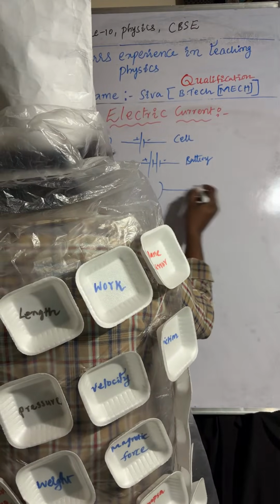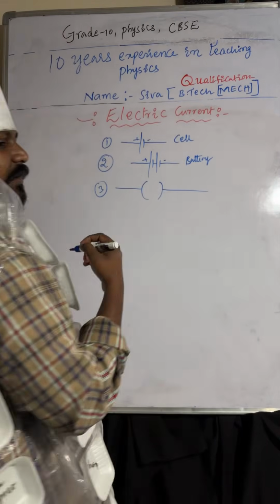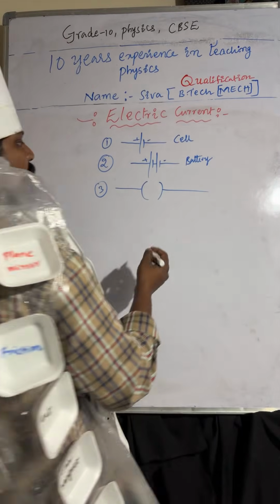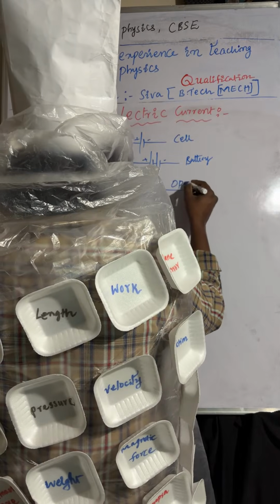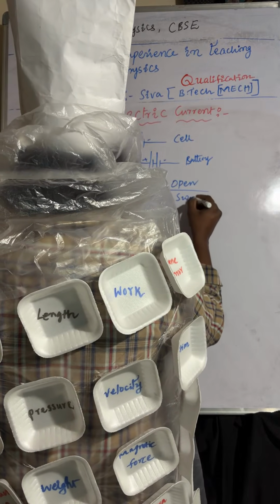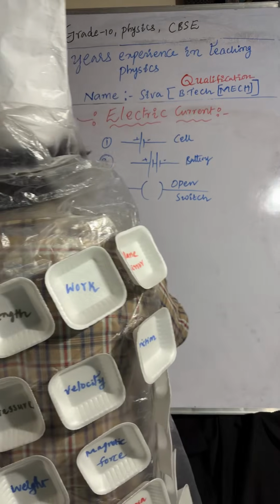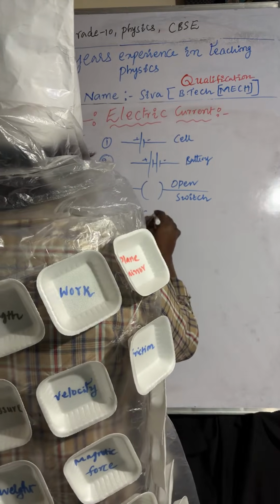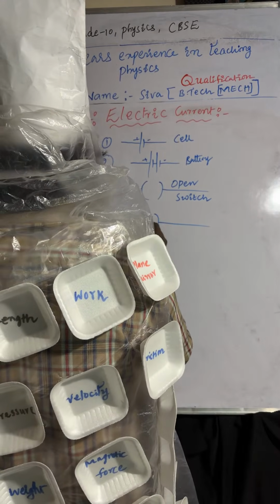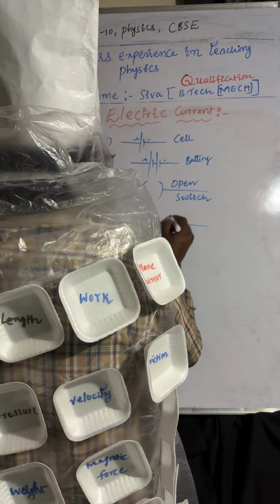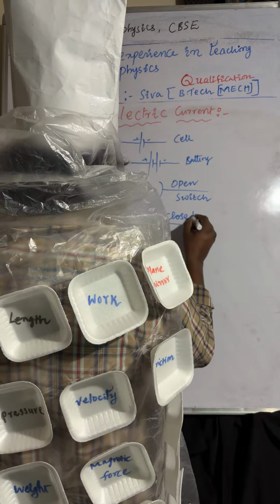If the dot is not there, that is an open switch. If the dot is there, that is a closed switch. So this is an open switch. Coming to the fourth one, closed switch. This is a closed switch. Understood?